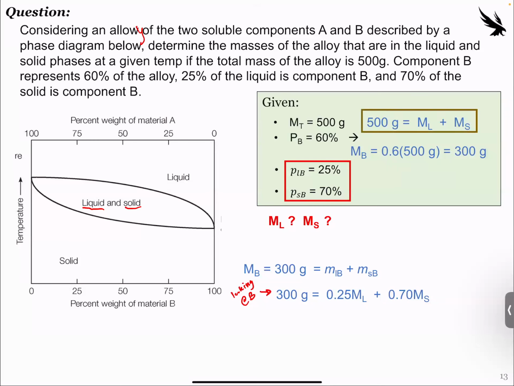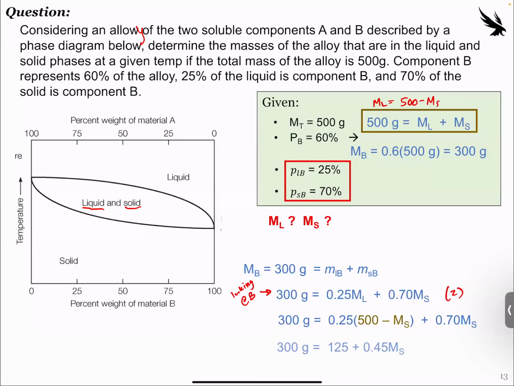So essentially what we do now is we set up the system of equations. We have this first one where we can solve for ML or MS, and we plug that into our second one. So what I'm doing there is you can see where that ML was, I'm replacing it with a function from our total mass, where ML is equal to 500 grams minus MS. And so now we only have one equation with one unknown.